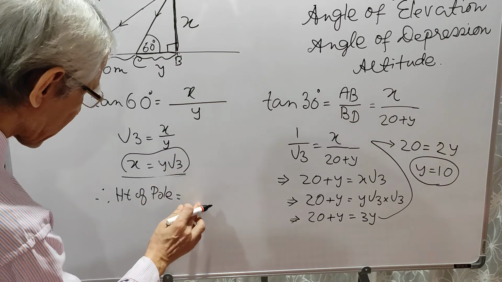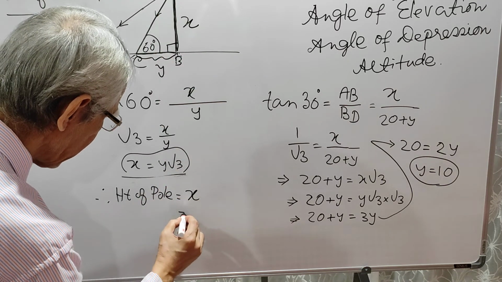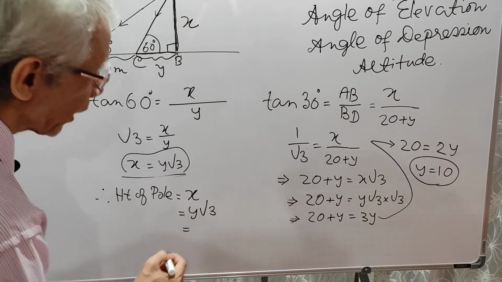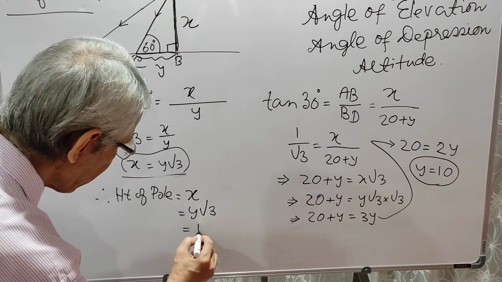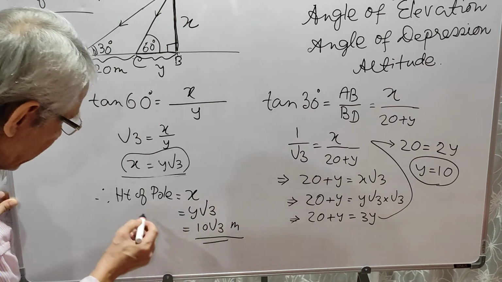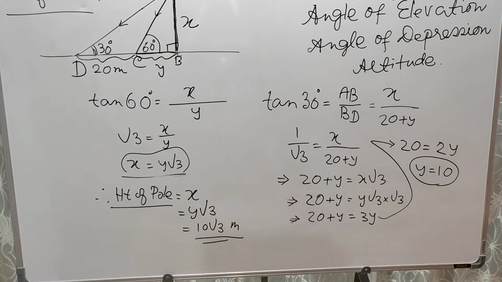Height of the pole is x, isn't it? X means y root 3. Now you put the value of y. What is y? 10. Therefore, 10 root 3 meter. This is the final answer, height of the pole. All right, 10 root 3 meter. If the root 3 value is given as 1.732, put it and calculate.